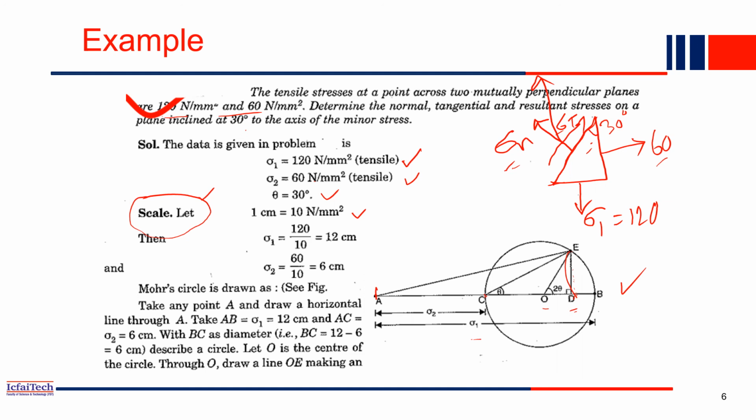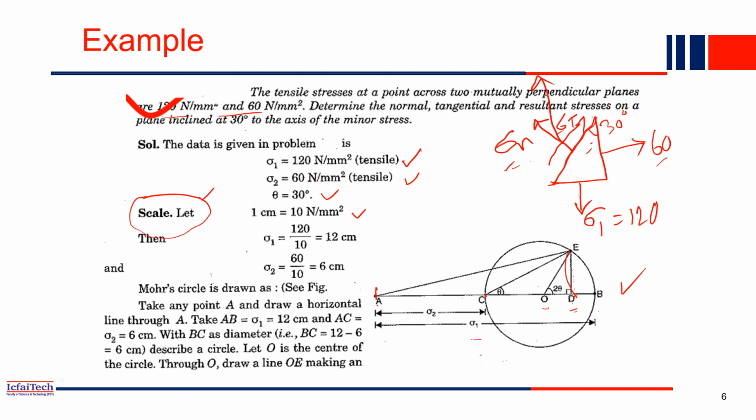Now, the value of AB was already computed as 12 centimeters. Now you have to compute using the simple formula we discussed in the last class, the last slide. AD will be AO plus OD.